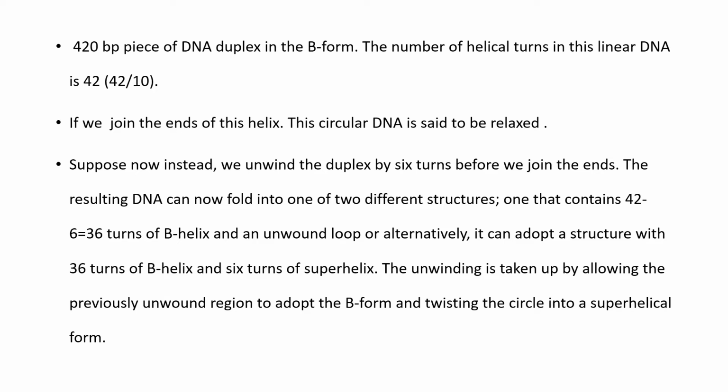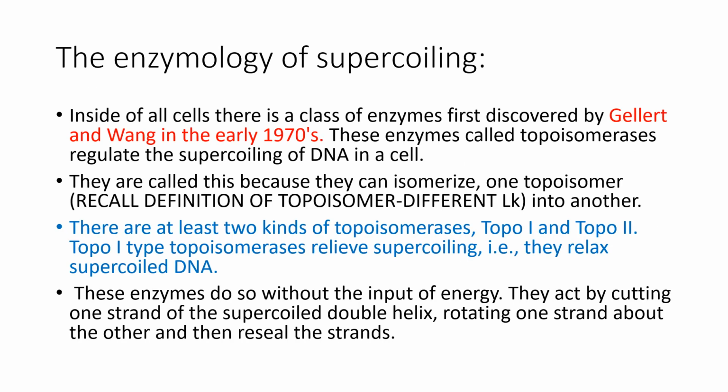However, the linking number will be changed: instead of 42, it will be 36, and the twist will be changed. We mathematically represent all these linking, twisting and writhe numbers of DNA molecules with the help of equations, which we will discuss further.